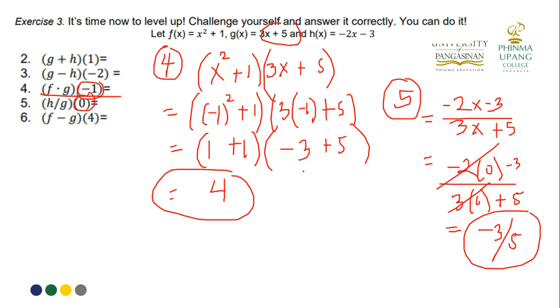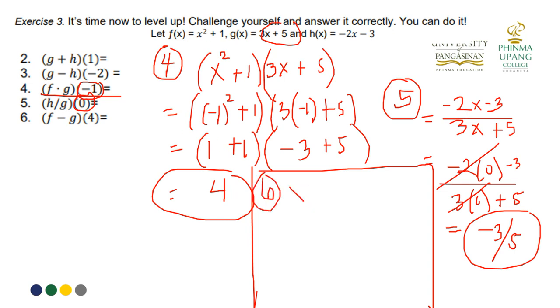Okay, last one. Ito na, number 6. In number 6, we have f. Yung f natin is x squared plus 1. Then, minus tayo kay g, is 3x plus 5.